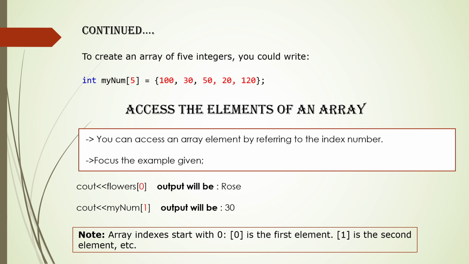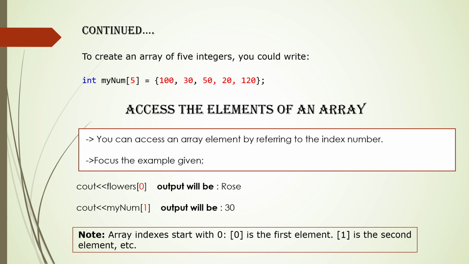Here I have created another array named mynum of int data type and want to store 5 values in it. So I have mentioned 5 inside the square brackets and have stored the 5 values in it, that is 100, 30, 50, 20 and 120, the whole inside the curly braces.